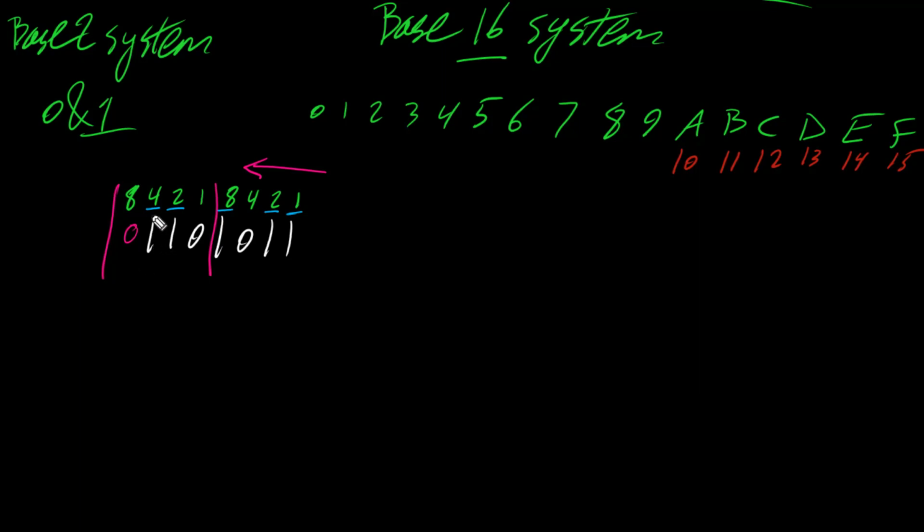In this group 4 and 2 turned on, so that's 6. And in this group 8 plus 2 is 10, plus 1, 11, and 11 is B in hexadecimal number system, so we need to write B here. So this binary is equivalent to 6B in hexadecimal number system.